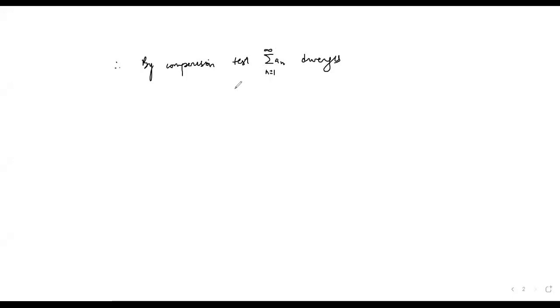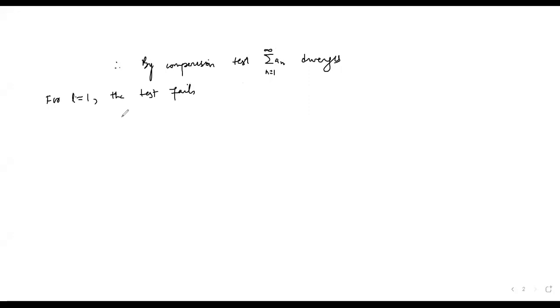Okay. In case L is equal to 1, well, we don't know, because it's easy to see that for L equal to 1, the test fails. Why? You can see that it fails by an example.